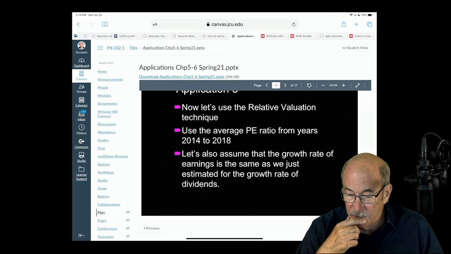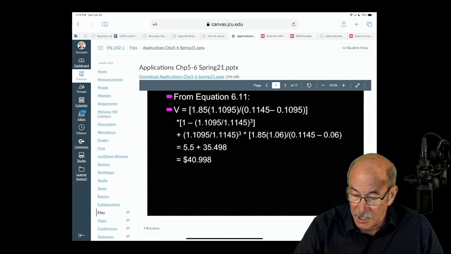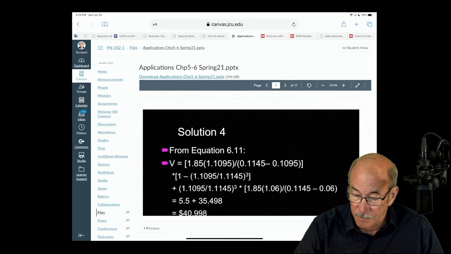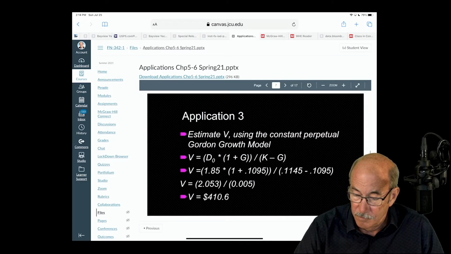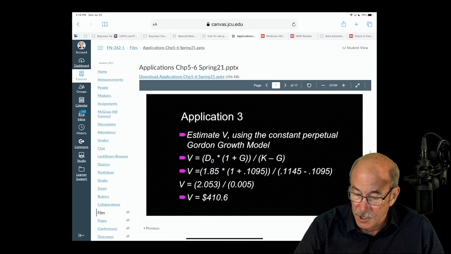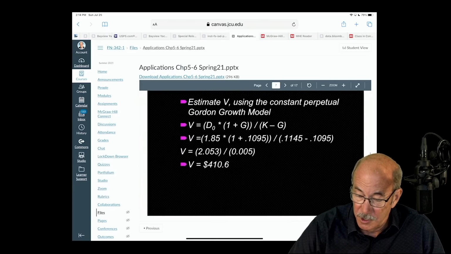Okay, so now we're going to use relative valuation using the PE ratio from the years 2014 to 2018. Let's assume that the growth rate of earnings is the same as we just estimated. So what we did back here, and where do we have that? 10.95%.